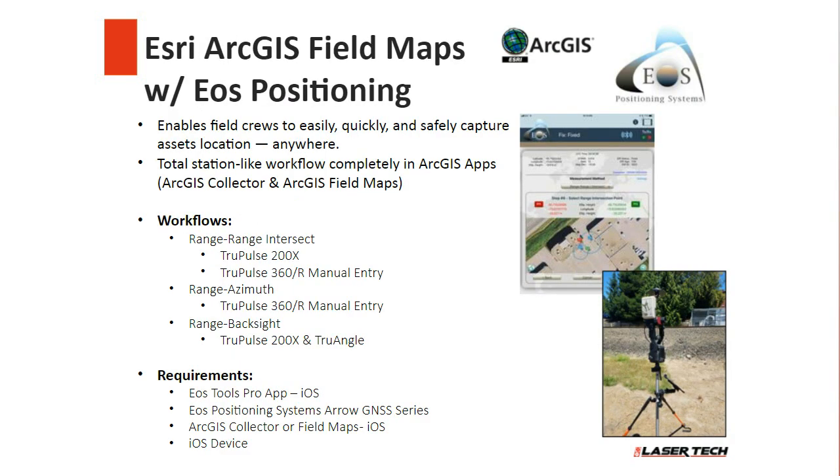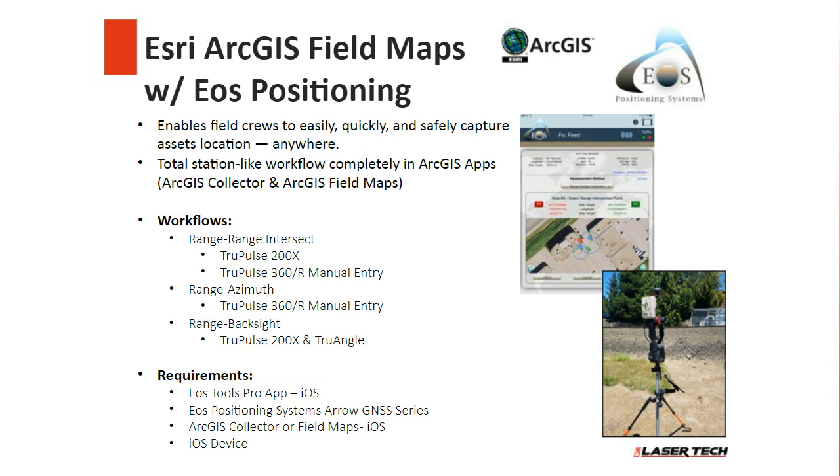The Esri ArcGIS Field Maps, also note the previous Collector. We do have a workflow into this app. It's a well-known one, or very popular in the industry. The way we do this is we've partnered up with EOS Positioning Systems, and this is how you work with them to get the lasers to integrate with those two different apps. So we do have a workflow that's in Collector or Field Maps.